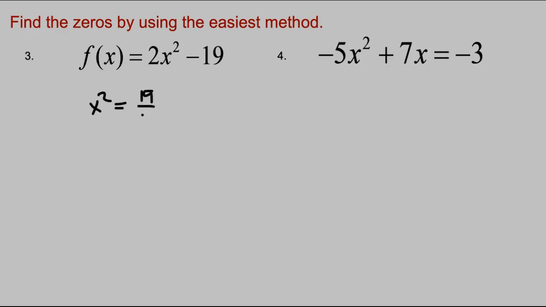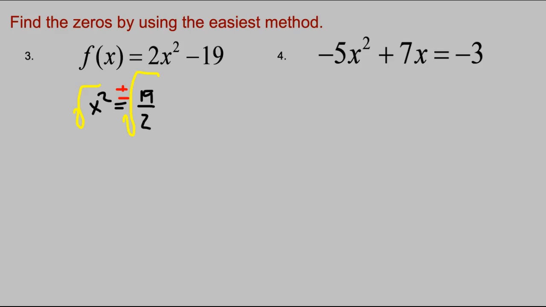And so once you get x squared by itself, now we can take the square root of both sides of the equation. So I took the square root there, and don't forget that after you do that, when you're solving an equation, you have to consider plus and minus.